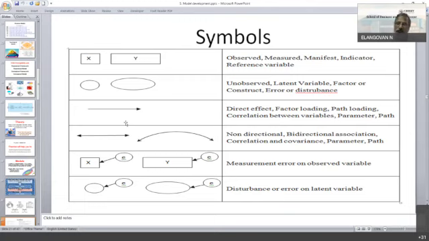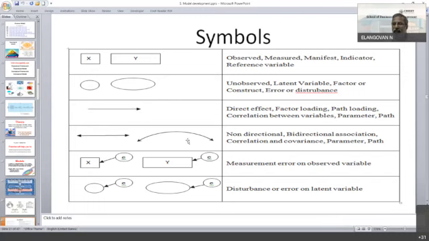So for both we'll be using the single-headed arrow. We need to understand that. I'll show you some examples, and you will be able to understand. So the single-headed arrow is for both loading as well as indicating the influence or the impact or the direction of the relationship.